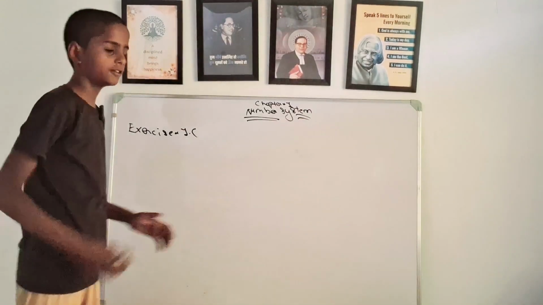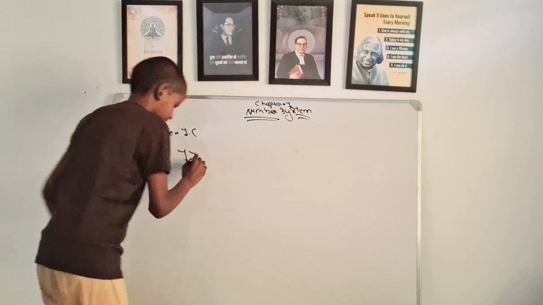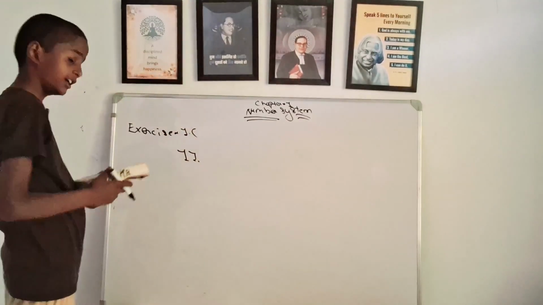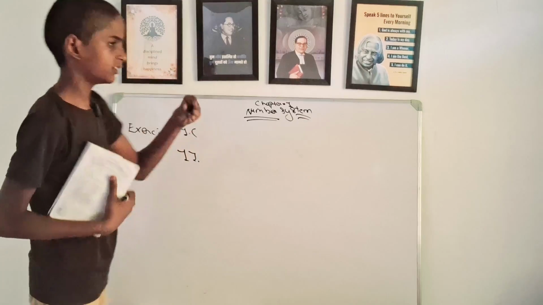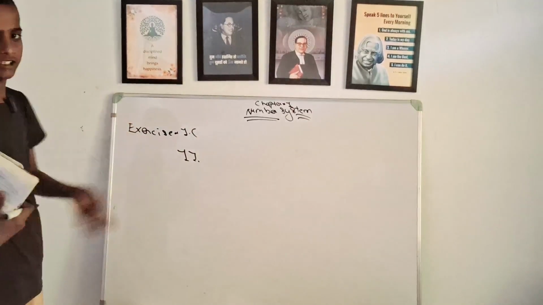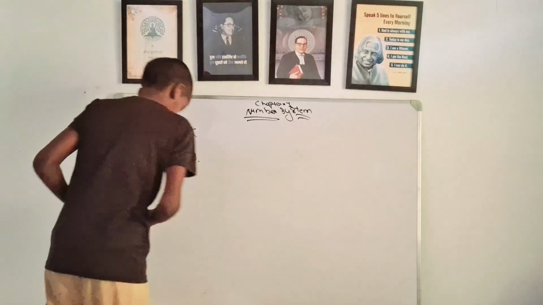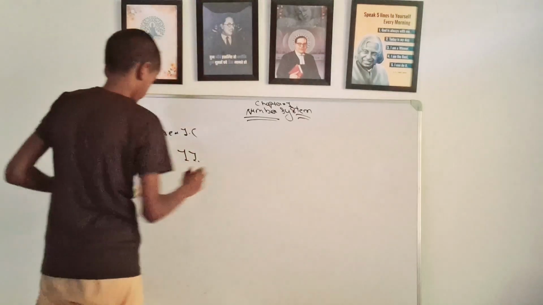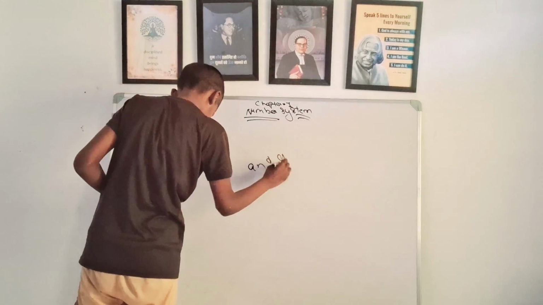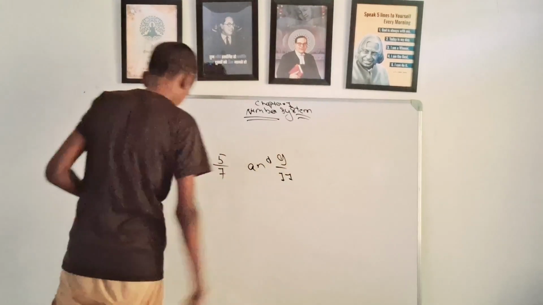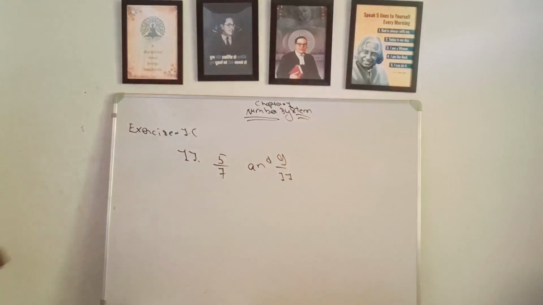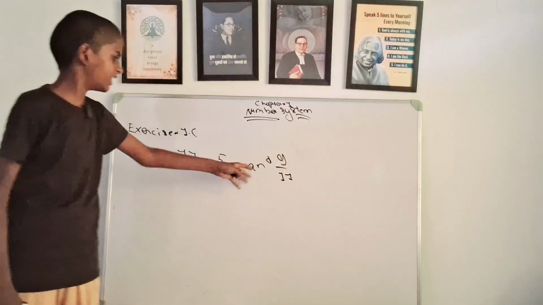Different numbers means we should not just repeat the same number. We can choose any values between 5 by 7 and 9 by 11.